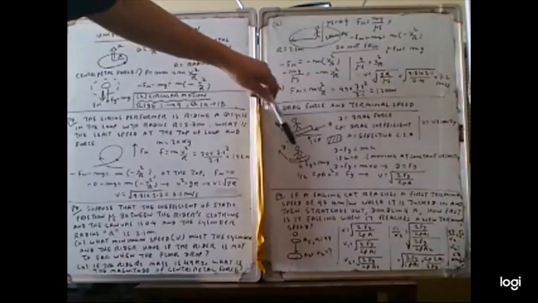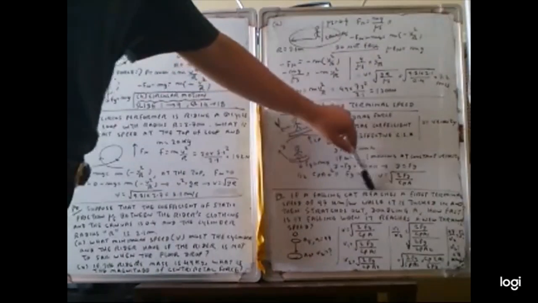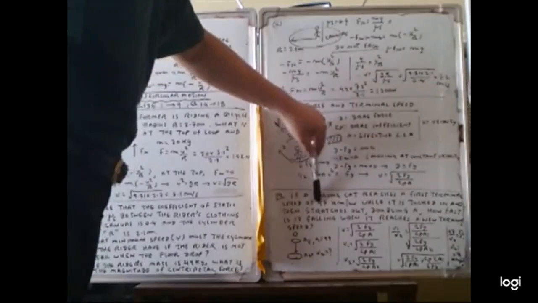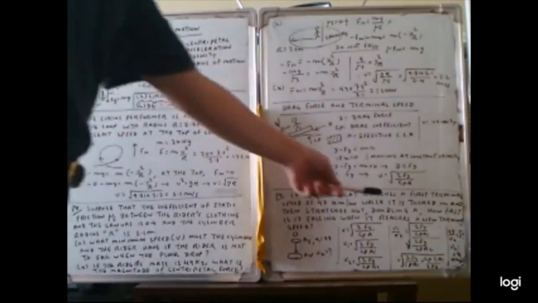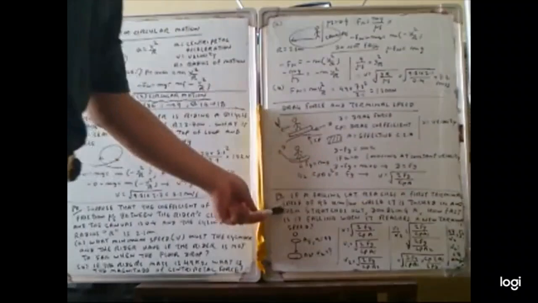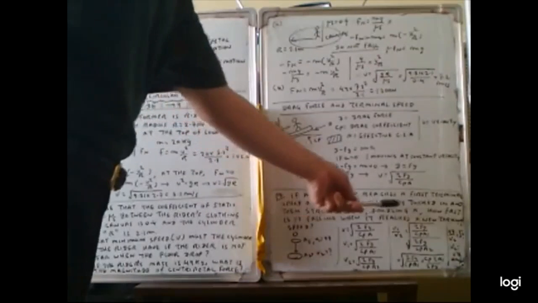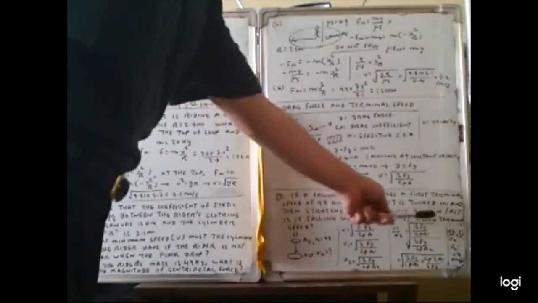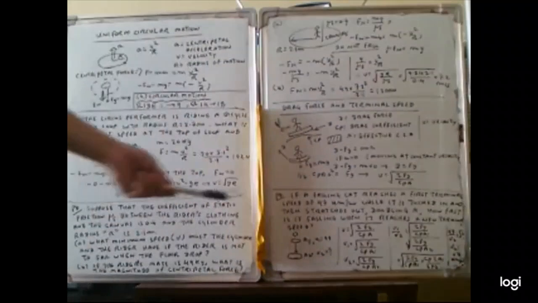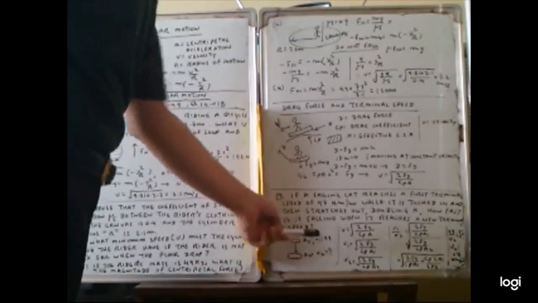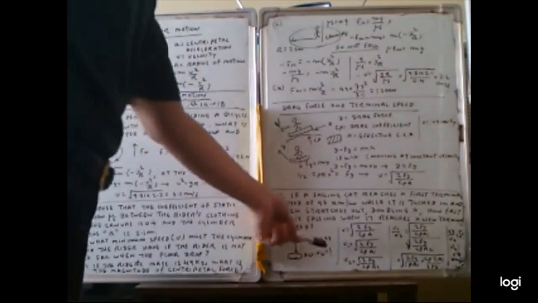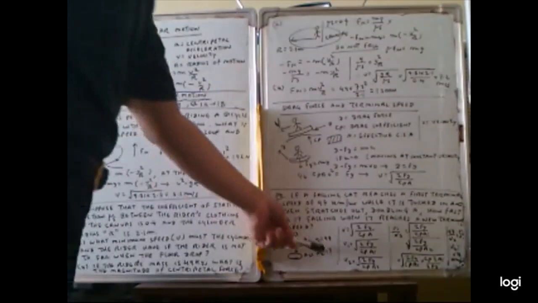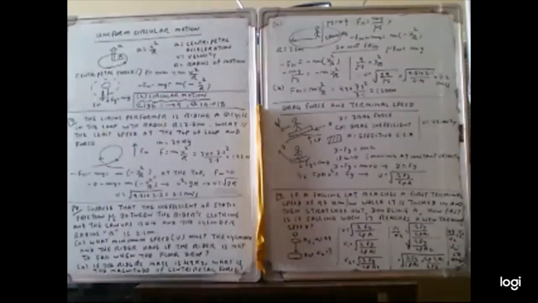In this problem, a falling cat reaches a first terminal speed of 97 km/h, while it is tucked in and then stretched out, doubling the area A. How fast is it falling when it reaches the new terminal speed? The original terminal speed is 97 km/h, and another velocity v2 has to be calculated.